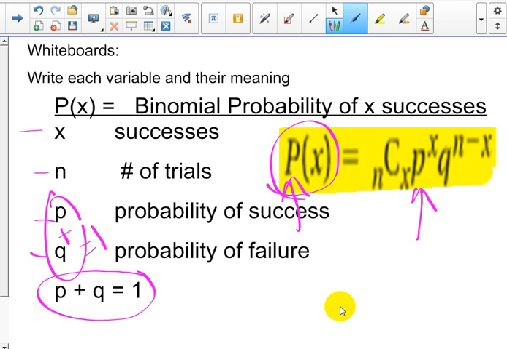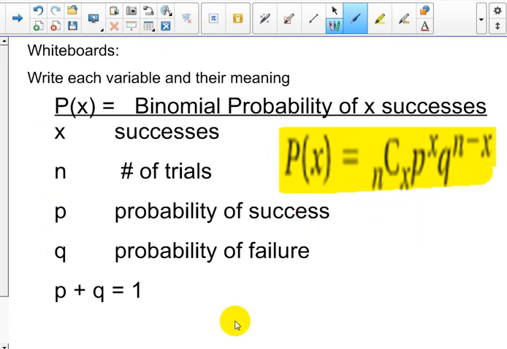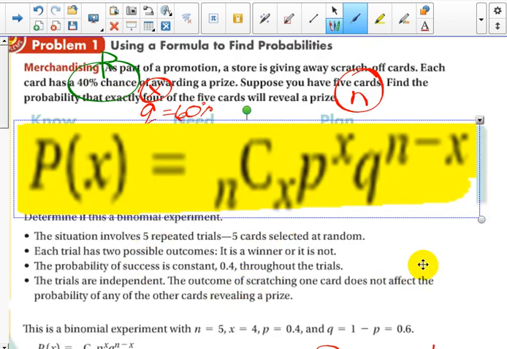So nCx, there's your combination, times p to the x power times q to the n minus x power. All right, so now let's go back to our problem here.